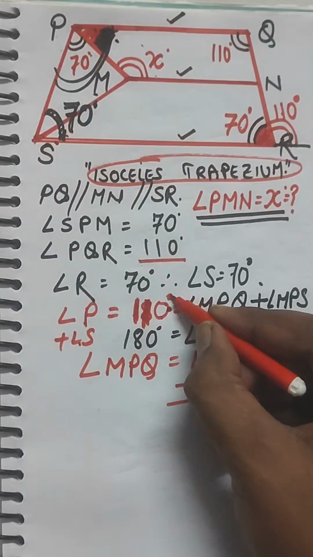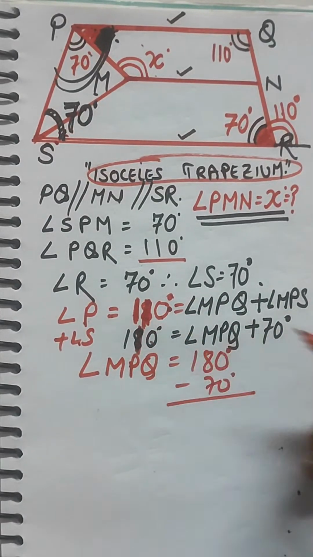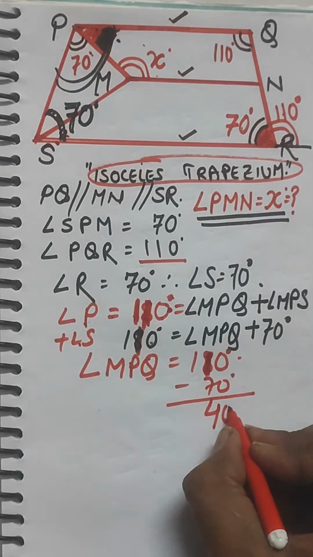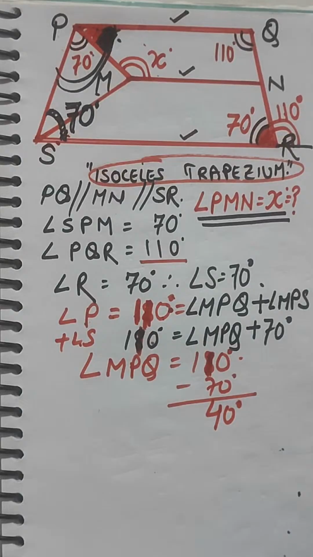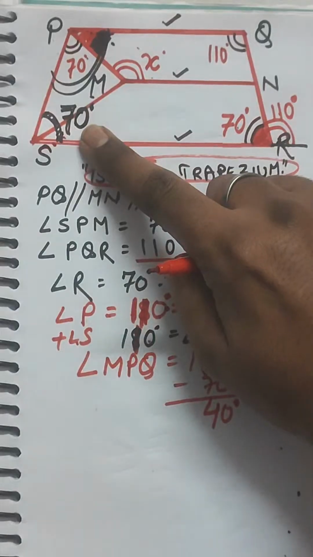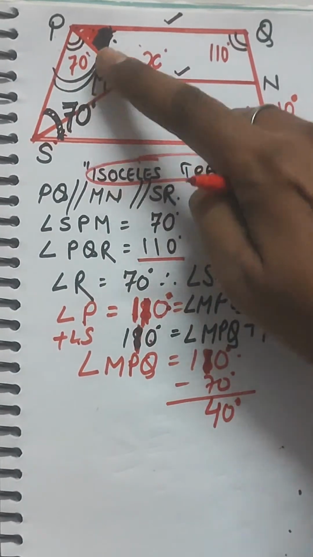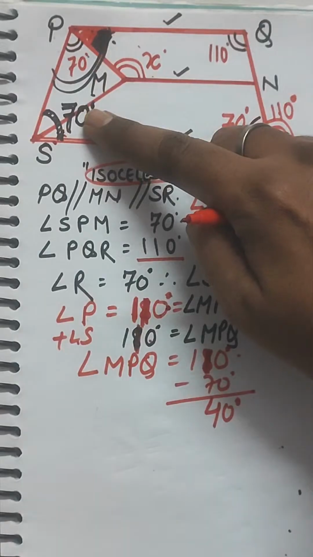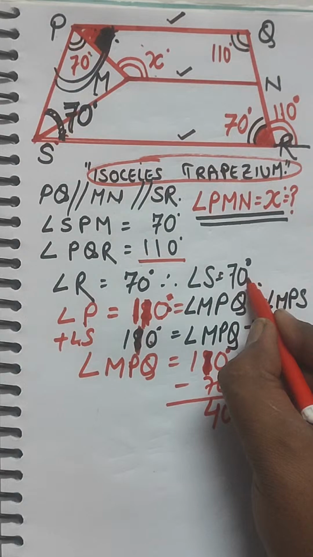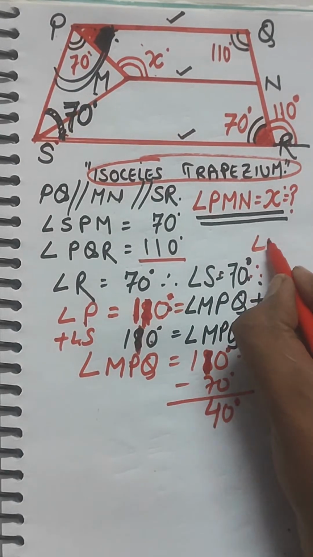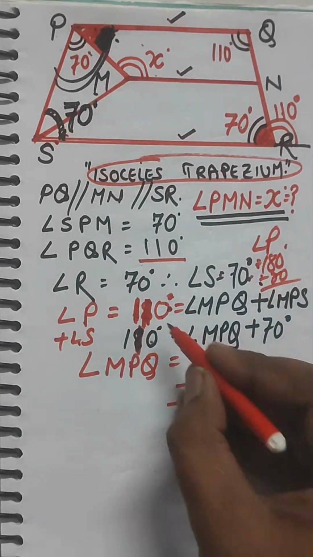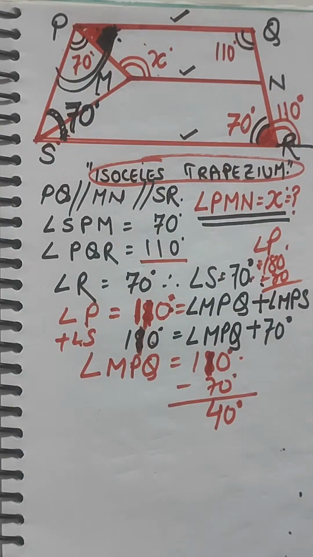Did you get it? I am saying that if angle S is 70 degree, then angle P plus 70 will add to form 180, right? So since angle S is already 70 degree, therefore angle P is equal to 180 minus 70, which is equal to 110, right?